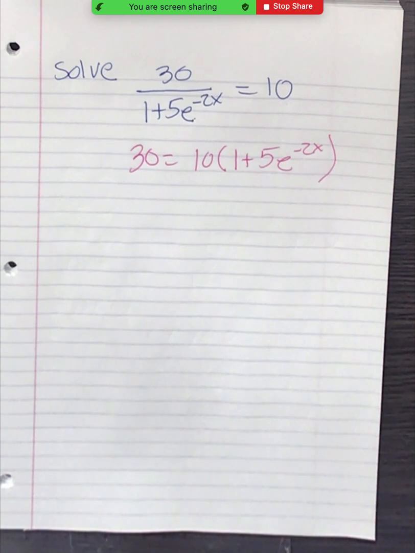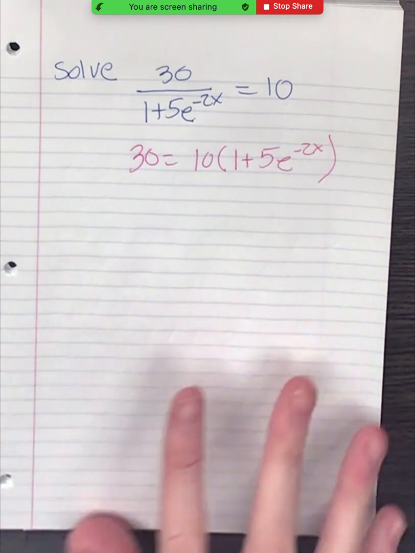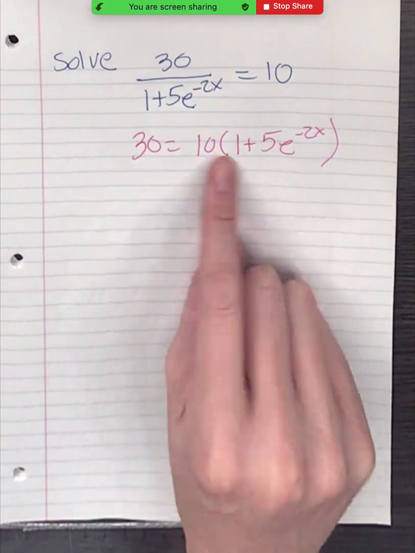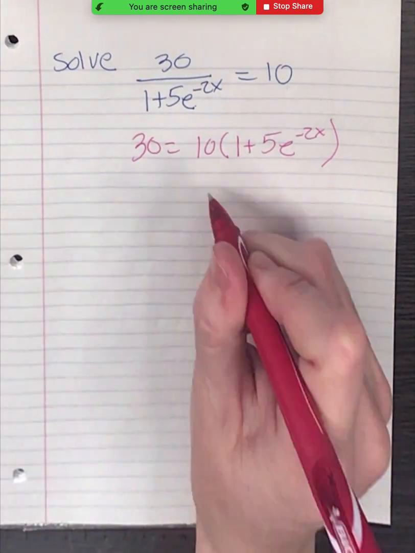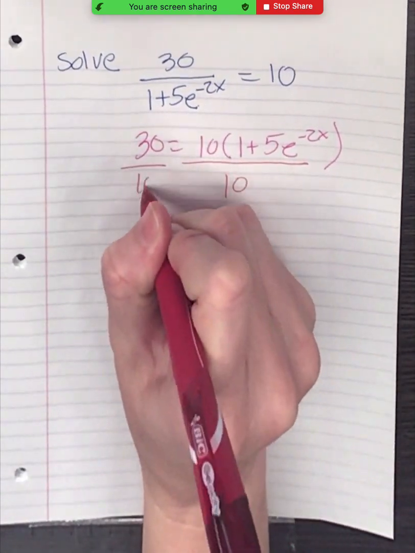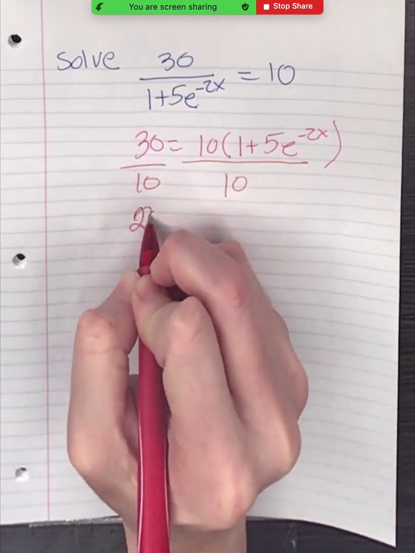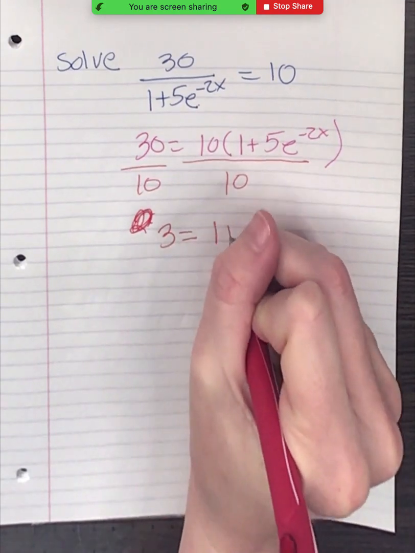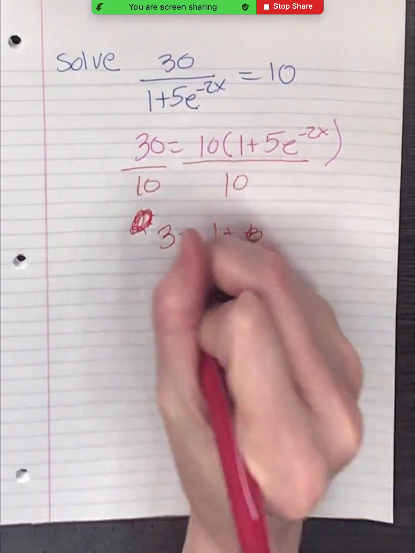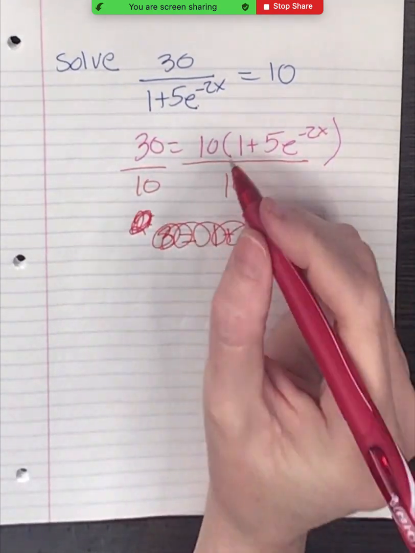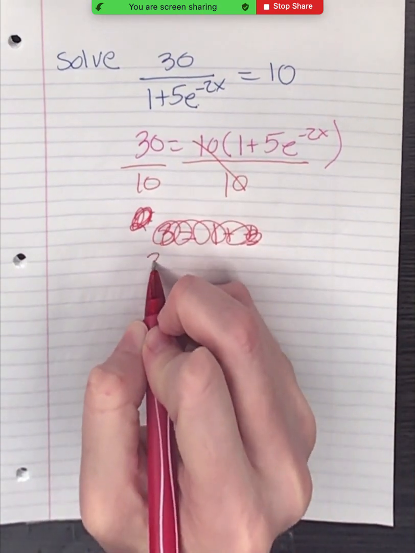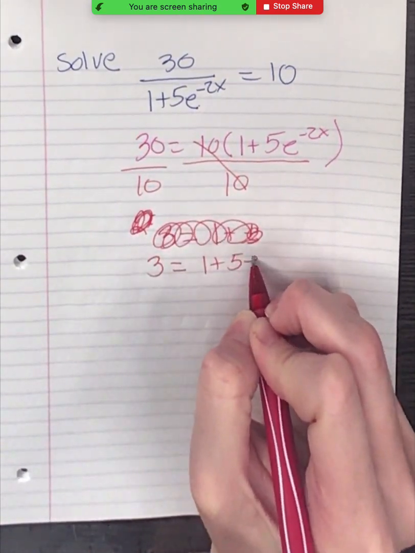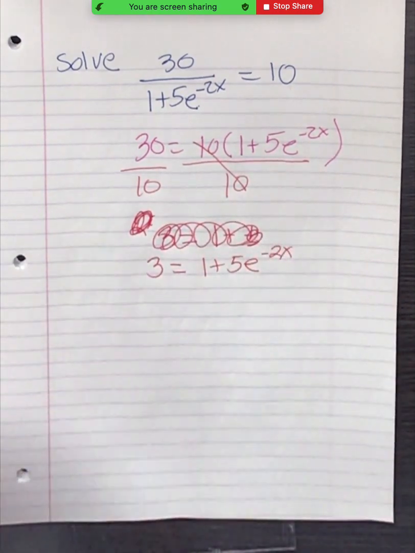The first thing I would do, and I did it differently in my notes so you can see both ways, is that 10 and 30 can be divided easily. So I'm going to divide out the 10. The 10s cancel. 30 divided by 10 is 3. So 3 equals 1 plus 5e to the negative 2x.